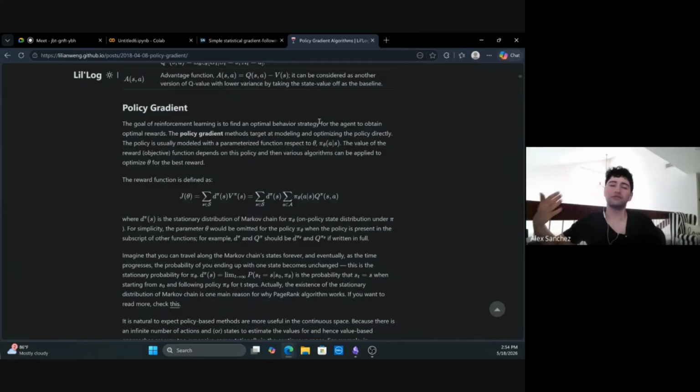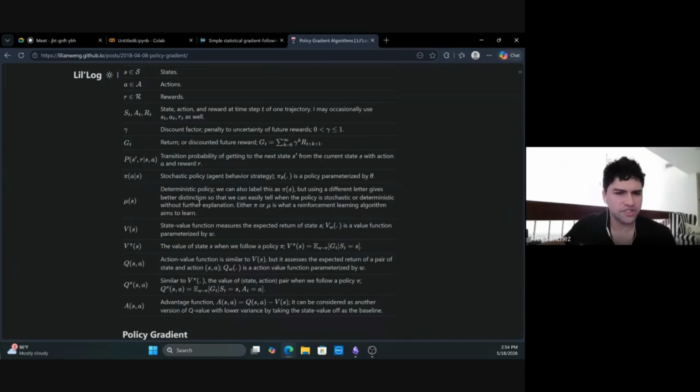But there's also value-based optimization, in which we have a value which describes how good a state is to give you rewards in the future. And then policy is what actually generates these rewards. So we have the state value function, the expected return of a state. It basically tells you, again, how good a state is to give you a reward.